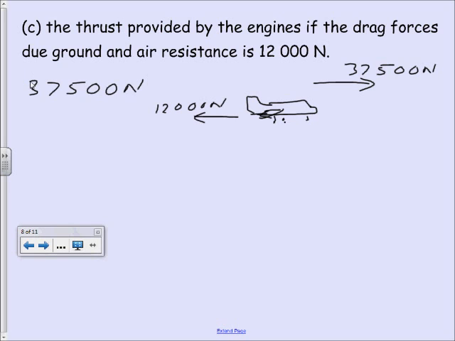So therefore, the actual force applied is going to have to be 37,500 plus 12,000, 49,500 newtons. That's the actual force that the engines have to apply, what's called the thrust, such that when you remove the friction forces over here, you're still left with the 37,500 newtons that's needed to produce the acceleration.